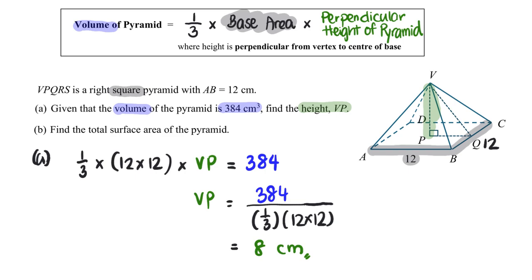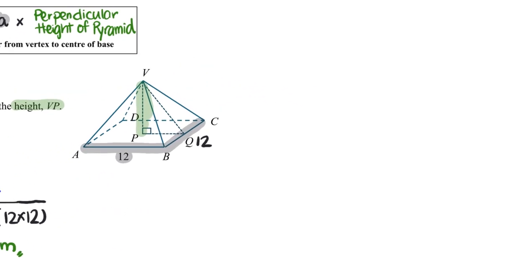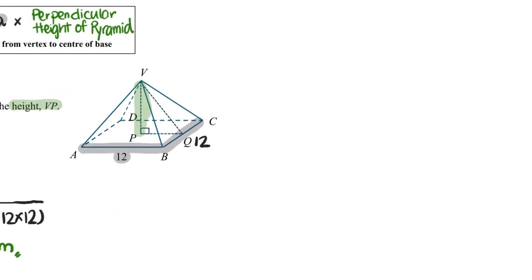Now for part B, find the total surface area of this particular pyramid. Then let's go over to here, part B. Well, then I will have to get your attention to this green color triangle here, which I'm going to highlight, which will be triangle VPQ.